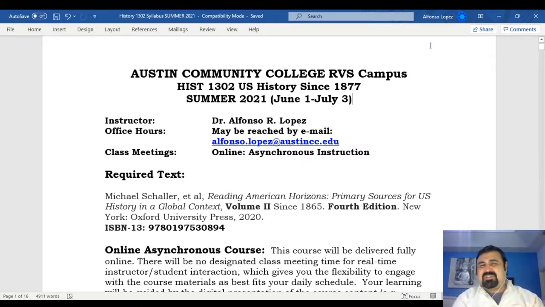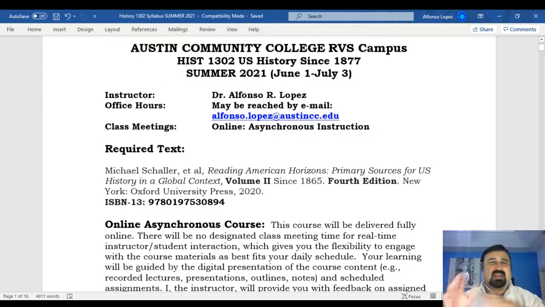So now let's start with the requirements. Let's get that out of the way first, before we start discussing what the course is going to be about and the assignments and so on. But first, we're not going to be following a textbook per se, in terms of, here it is, there's a textbook, and you are supposed to be reading the chapters as we move along in order to understand what we're covering.